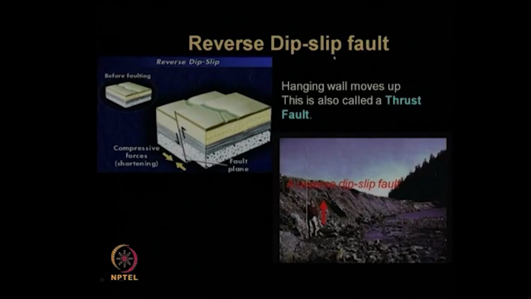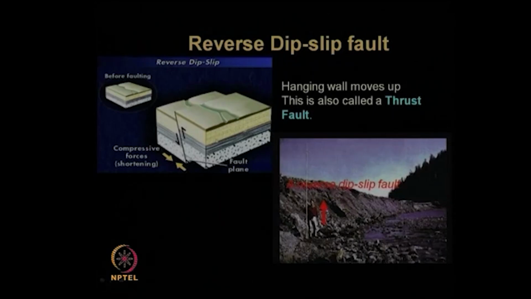In case of reverse fault, so reverse dip slip fault, this is the picture before faulting. Now, when these blocks are subjected to the compressive forces, that is their lengths are shortening or one gets subducted over the other, that is the convergent type of movement or plate boundary movement occurs.